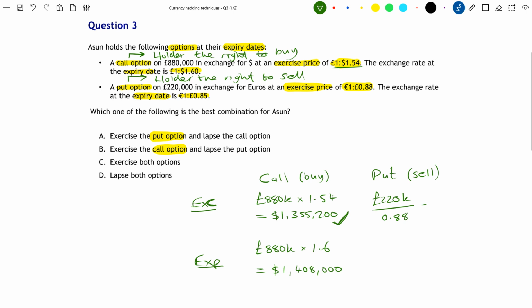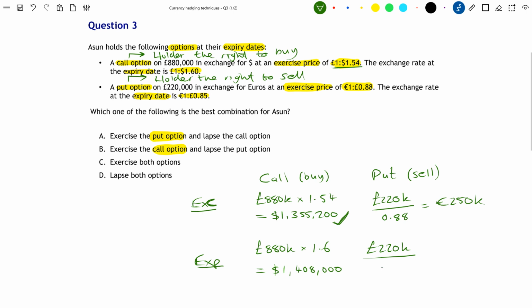And that'll give us, in euros, 250,000 euros.